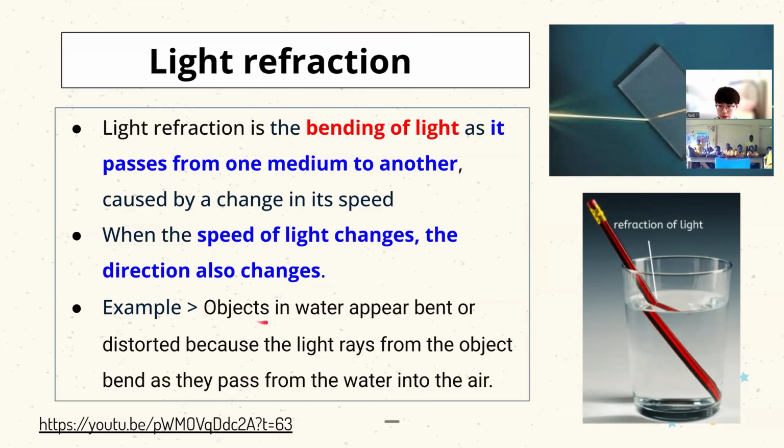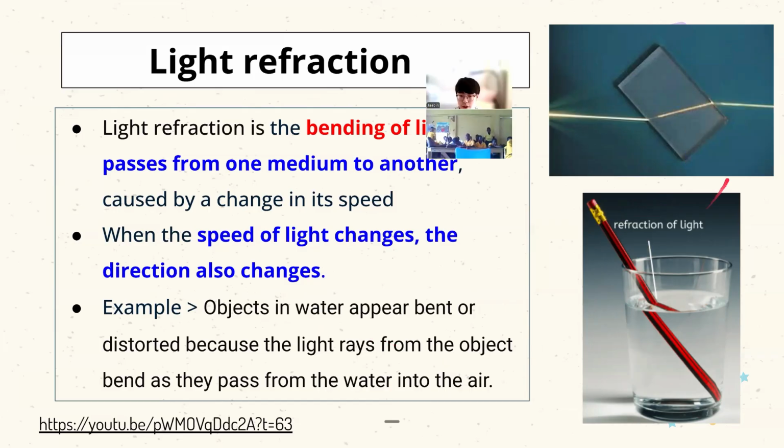An example of this is when objects in water appear bent or distorted because the light rays from the object bend as they pass from the water into the air. You can see some example pictures on the right. On the top, you can see the light is passing through this glass, and since air and glass are different mediums, meaning different places where light can pass, you can see it bends a little bit.